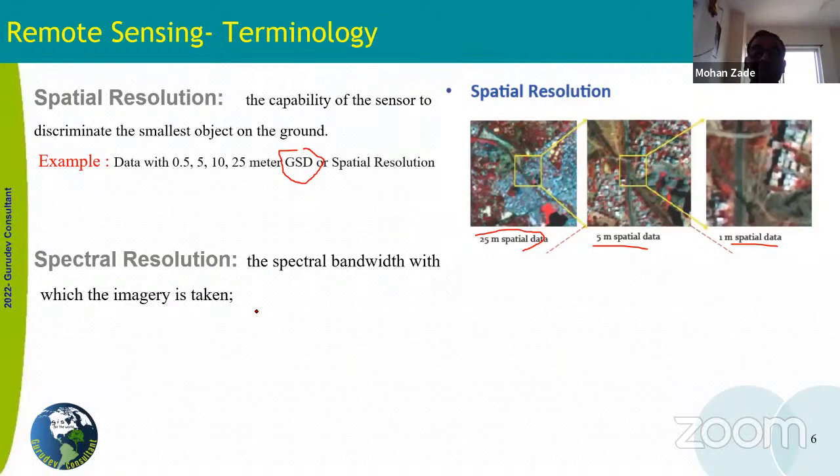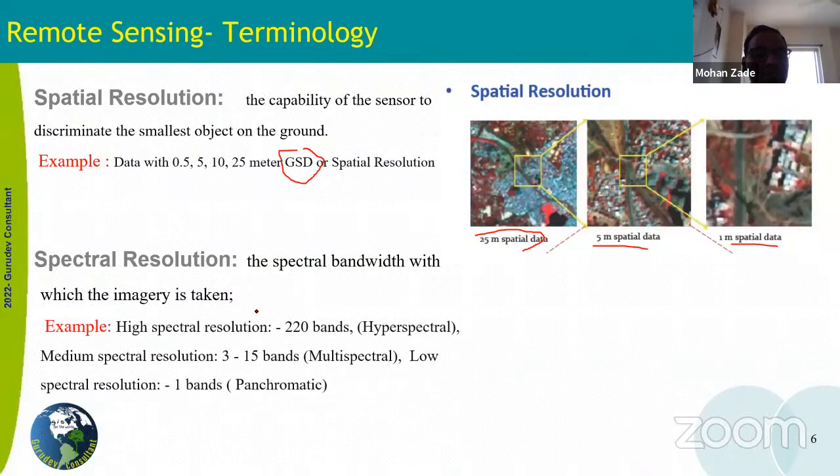The distinction between the spectral bands is known as spectral resolution. There are various examples, like high spectral resolution, where some satellites have more than 220 bands. That is known as hyperspectral. Some have medium spectral resolution, having only 3 to 15 bands. These are called multispectral.